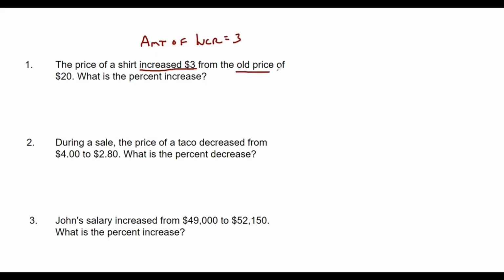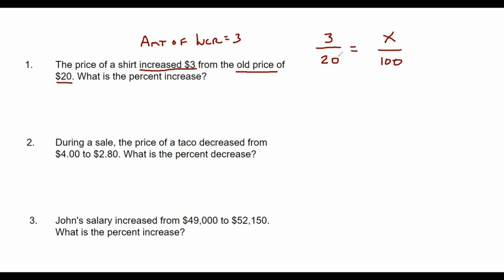The old price, it's very clear here, was $20, and we know that we need that as well. What is the percent increase? So let's set this up. The amount of increase goes on top, the old amount goes on the bottom, and we set that equal to our unknown percent over 100.